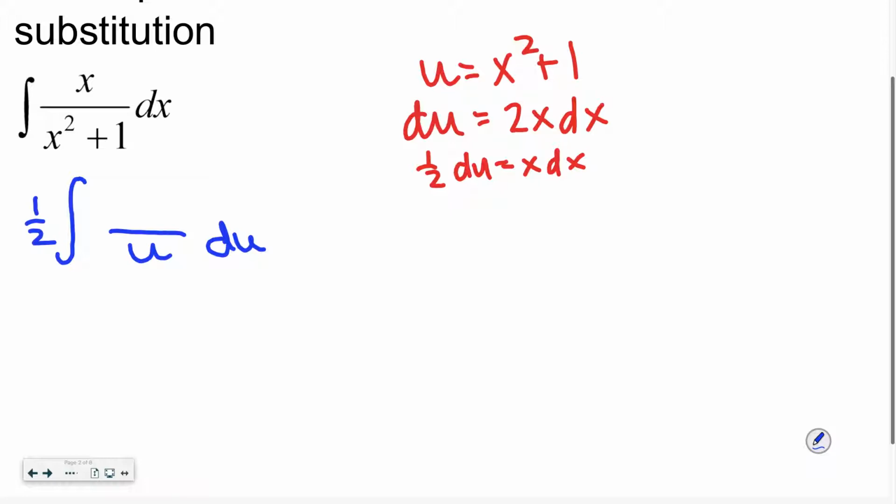What should I put in my numerator? We've got to have something there, right? It's not 0, it's 1. Because if it was 0, then we would have nothing, and that would be sad. Now what is the antiderivative of 1 over u? The natural log of the absolute value of u.